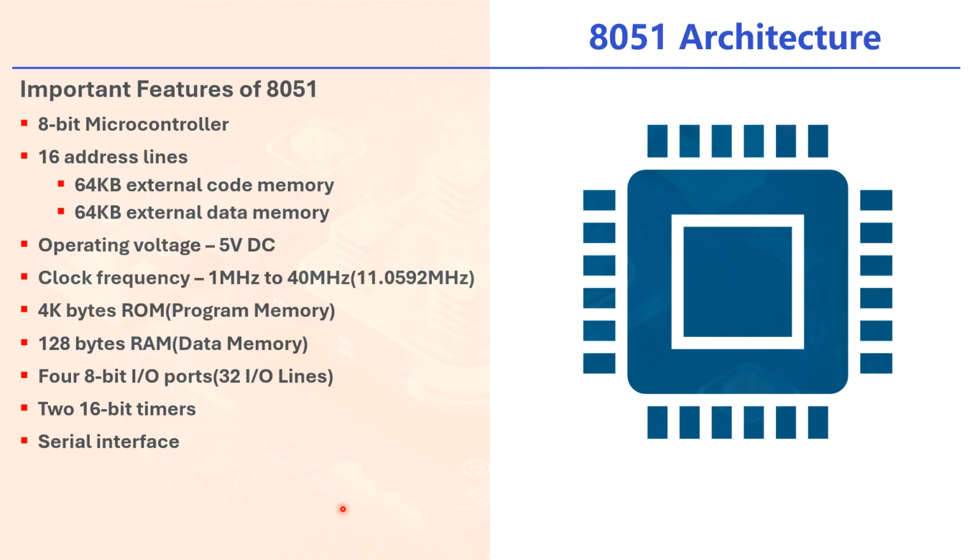A serial interface for communication purposes, for data transfer from one device to another device, so we can use this serial interface. Next, 6 interrupt sources are also available in this 8051 microcontroller.